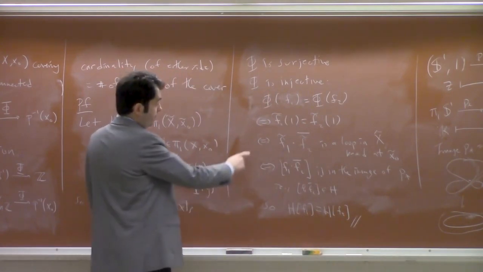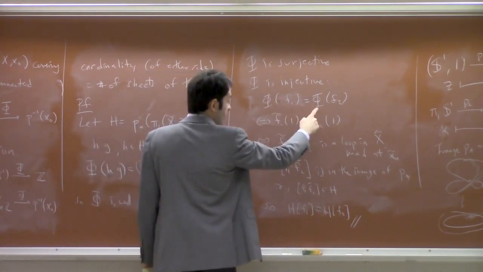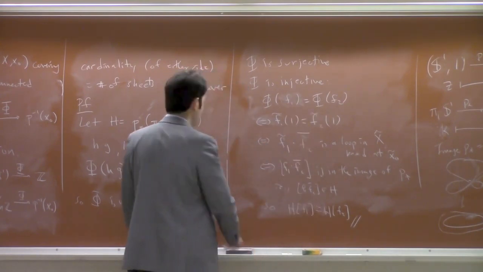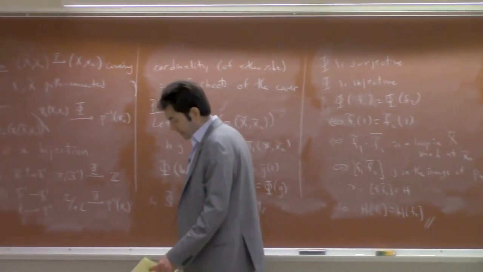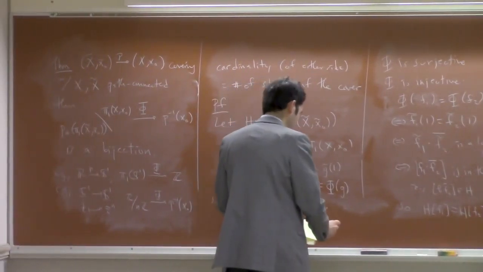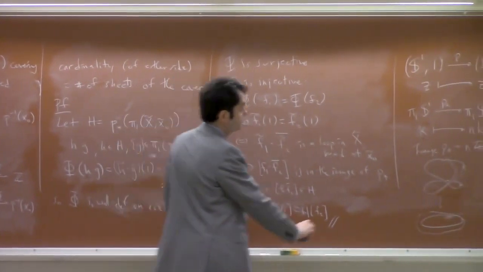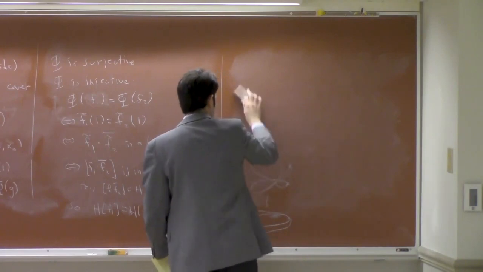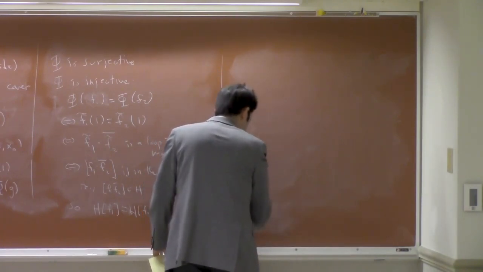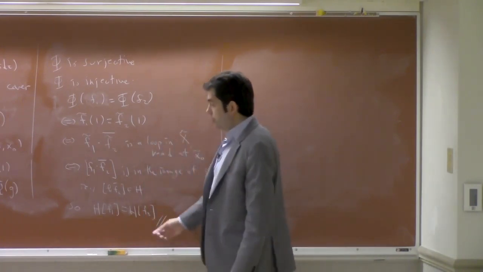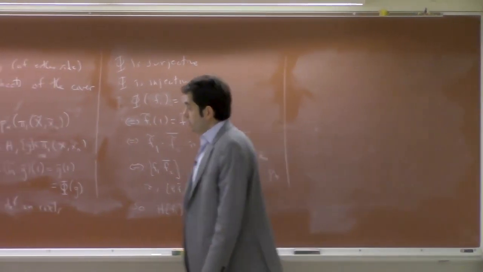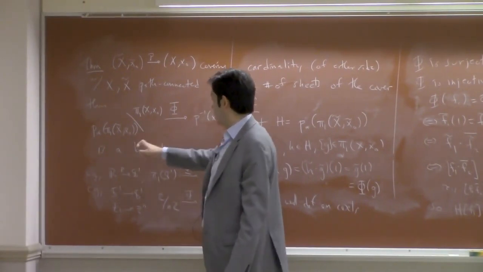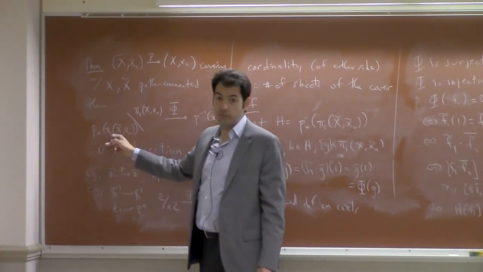Right? So if the right endpoints of the lifts are the same, then they come from the same coset. So that shows that this is a bijection. Okay, so this suggests that something special happens when this group is trivial, right?